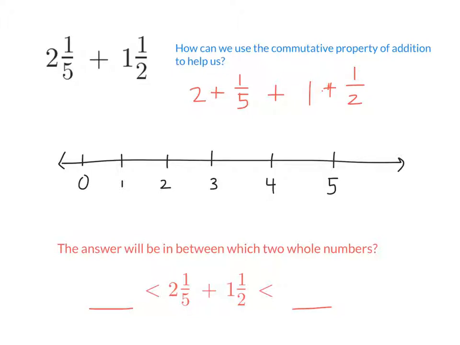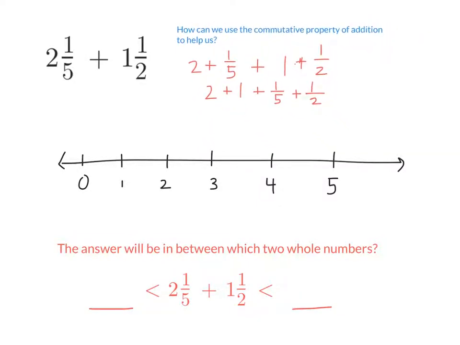Let's commute some of the numbers so that the whole numbers are together and then the fractions are next to each other. So that would be 2 plus 1 plus 1/5 plus 1/2. Does that have the same value as what we had before, 2 1/5 plus 1 1/2? Yes. It sure does. Very nice.